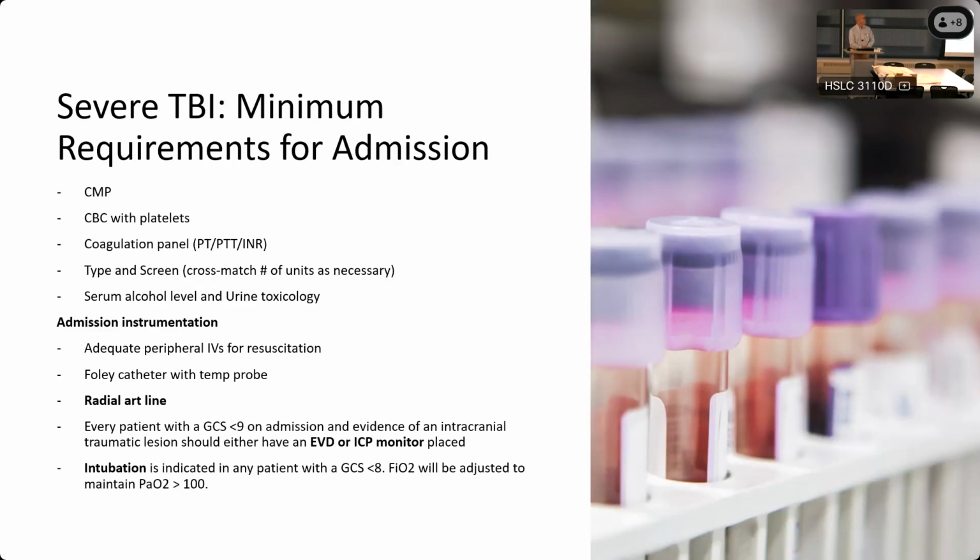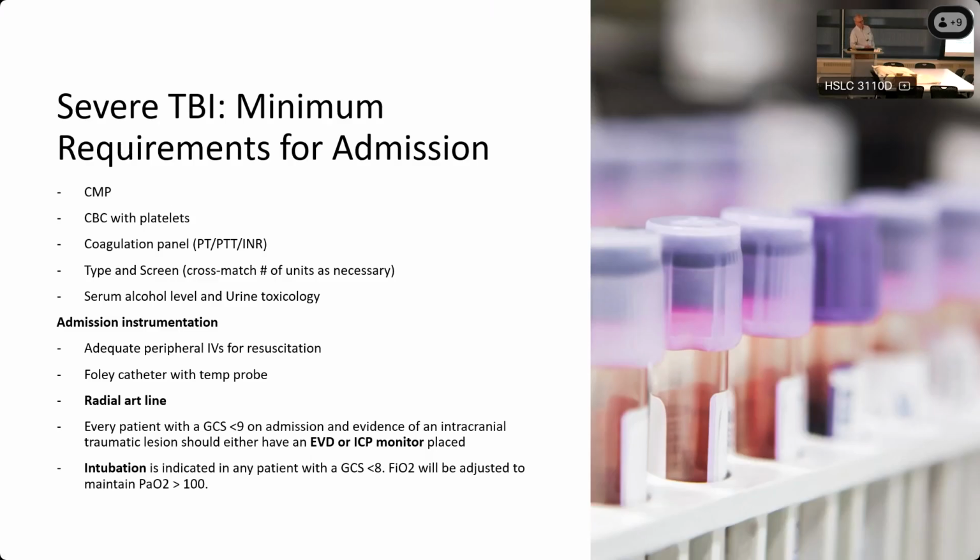Okay, so at minimum, they need a CMP, CBC with platelets. They need a type and screen. They need coags. Generally, it's a good idea to get a serum alcohol level and urine tox, to see what else might be on board. We mentioned some of the admission instrumentation.